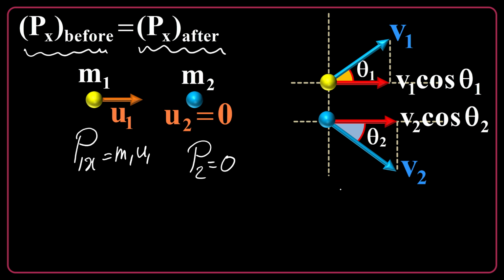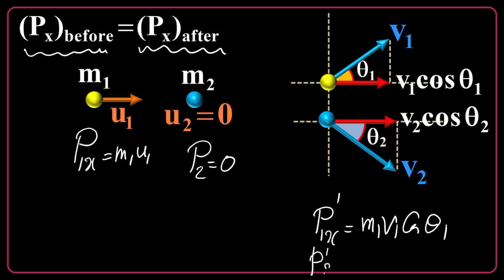The momentum of object 1 in horizontal direction after the collision is going to be p'1x, which is m1 v1 cosine of theta 1. And p'2x, the momentum of object number 2 after the collision, is going to be m2 v2 cosine of theta 2.